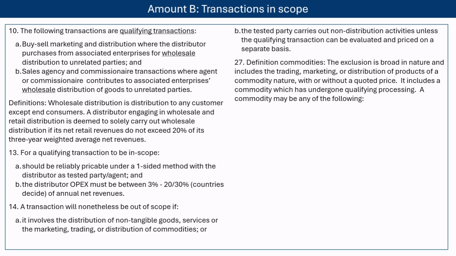And then this issue of commodities, we get a definition of that, and it says the exclusion is broad in nature and includes the trading, marketing, or distribution of products of commodity nature, with or without a quoted price, right? And again, here you come to that CUP idea. It includes a commodity which has undergone a qualifying processing.